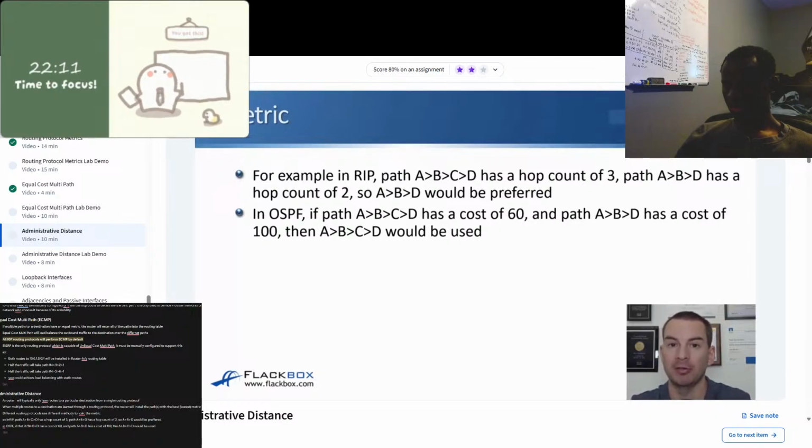RIP uses hop count as its metric. It's going to put the shortest hop count into the routing table, so in this example ABD would be preferred.